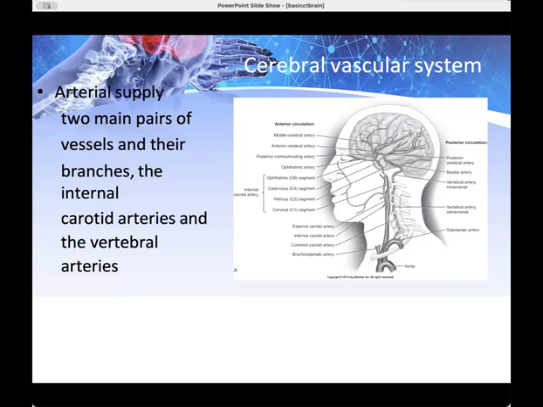This unique quality of impermeability is termed the blood-brain barrier, BBB. The brain receives arterial blood from two main pairs of blood vessels and their branches, the internal carotid arteries and the vertebral arteries, which make up the anterior and posterior circulation, respectively.